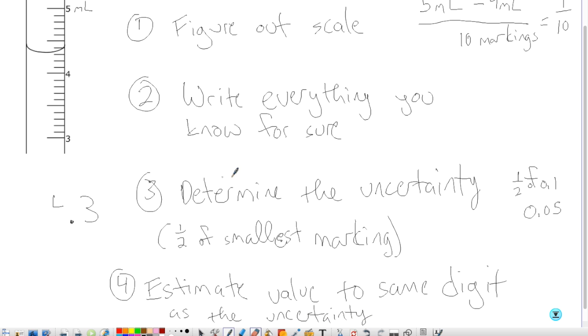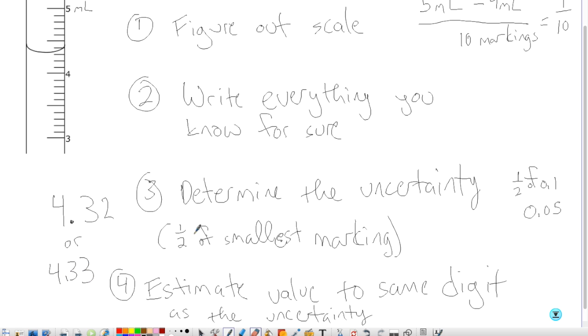If my uncertainty is 0.05 milliliters, that means I should see variation in the hundredths place. So I need to estimate this last digit, and I could maybe say that it's 4.32 or maybe 4.33.